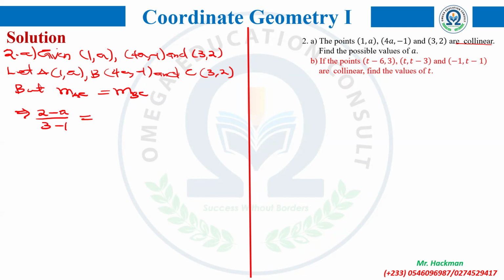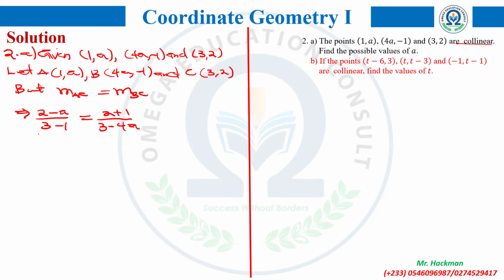And that should be equal to MBC. So B is your initial, C is your terminal. So X1, Y1, X2, Y2. So that one too will give me my numerator, change in Y, will be 2 minus negative 1. So it will be 2 plus 1. All correct? Then the denominator will be 3 minus 4a. So 3 minus 4a.